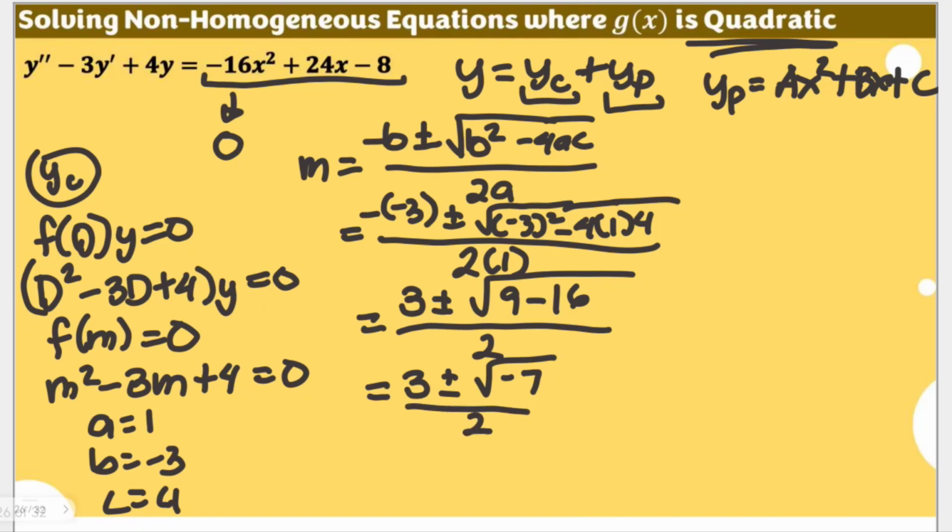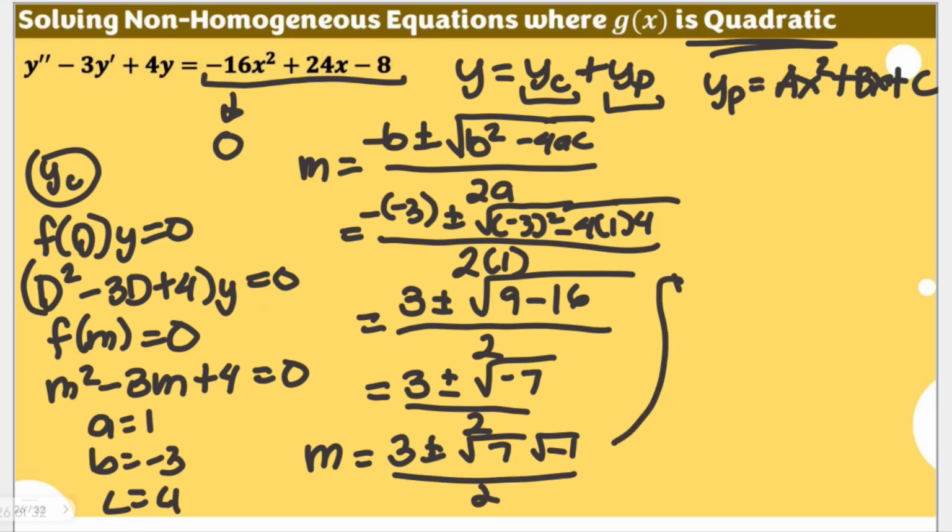So we can rewrite it in this manner: 3 plus or minus, we factor the square root of 7 and the square root of negative 1, all over 2. So our roots are expressed in this manner: 3 plus or minus square root of 7 i, all over 2.